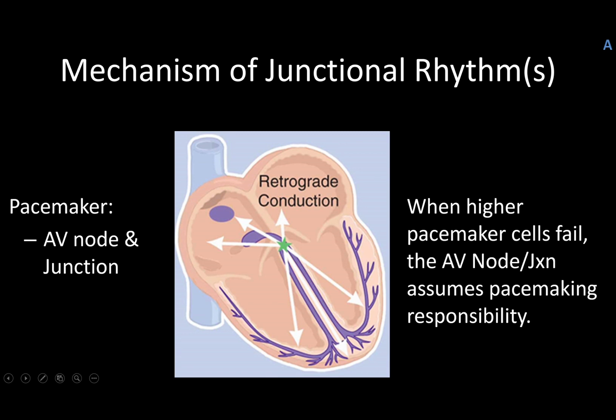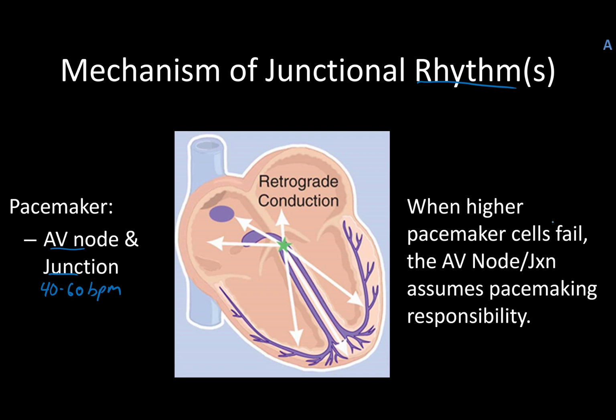All right, moving on from a single ectopic beat to an organized rhythm that starts in the AV junction. So the pacemaker, of course, is going to be the AV node and just the junction overall. It has an inherent rate of 40 to 60 beats per minute. So when does this occur? Well, two main scenarios.